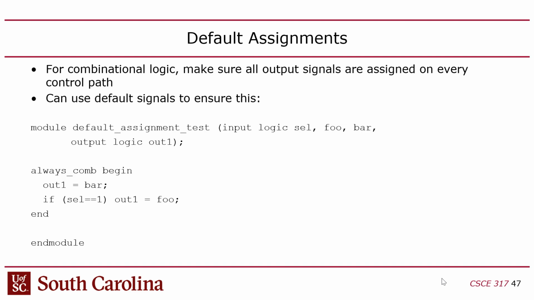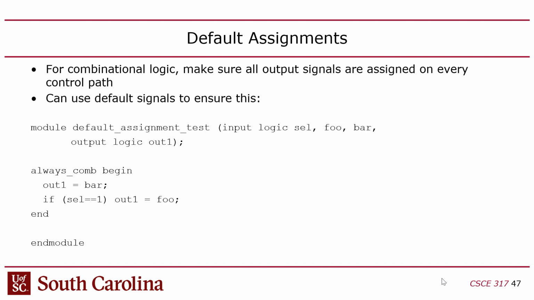The previous ones are ignored. So in other words, I set out 1 twice, but because they both are assigned in one always evaluation, only the second one matters. So this effectively becomes an if, then else, right? Does that make sense?